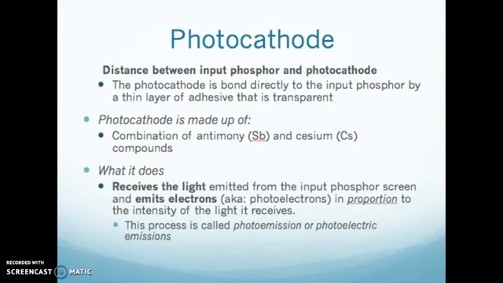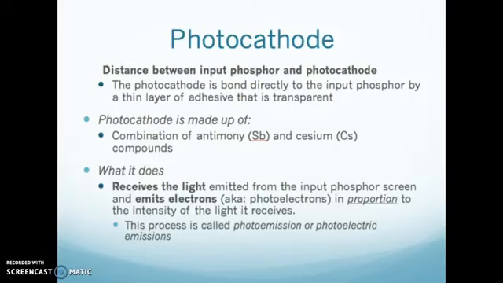So the photocathode. The distance between the input phosphor and the photocathode is minuscule. There's just adhesive and the two are bound together. The adhesive is transparent. It's important to know that. The photocathode is made up of a combination of antimony and cesium compounds.